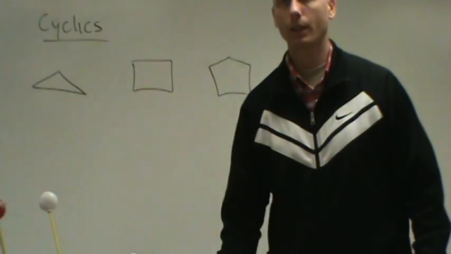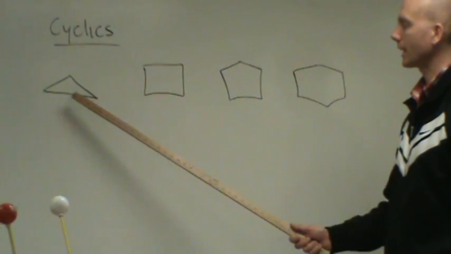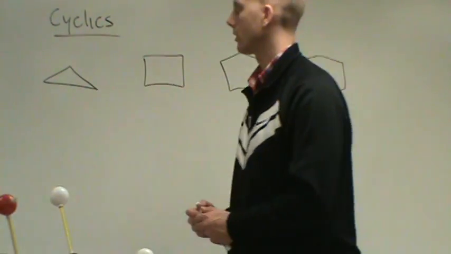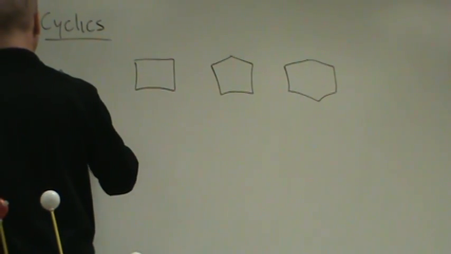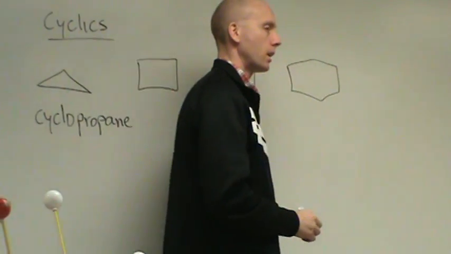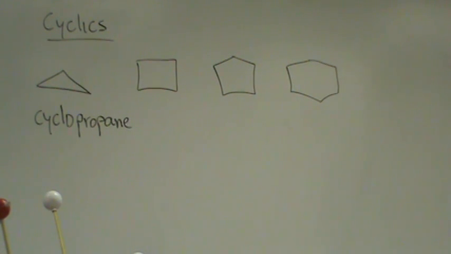Maybe you already know. How many carbons are in this ring? 3. 3 stands for propane. And what you do is put cyclo in front. So we would have cyclopropane.